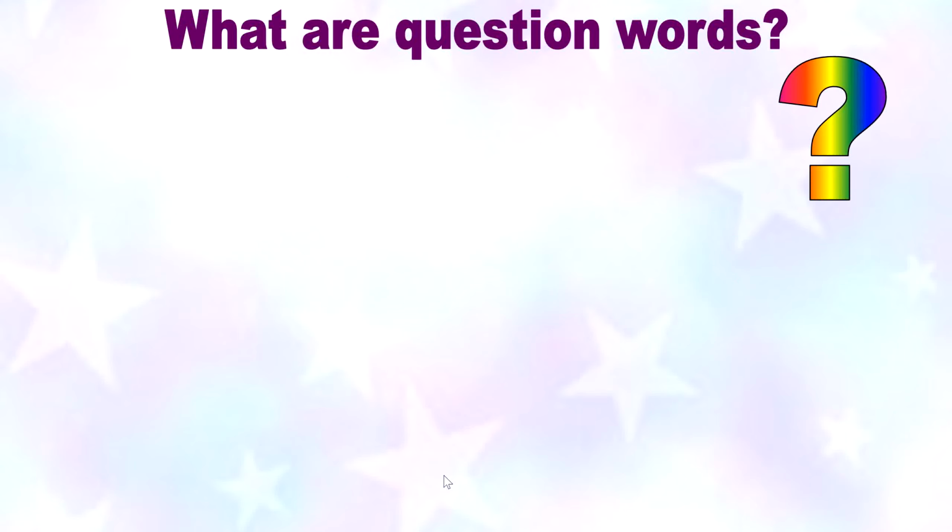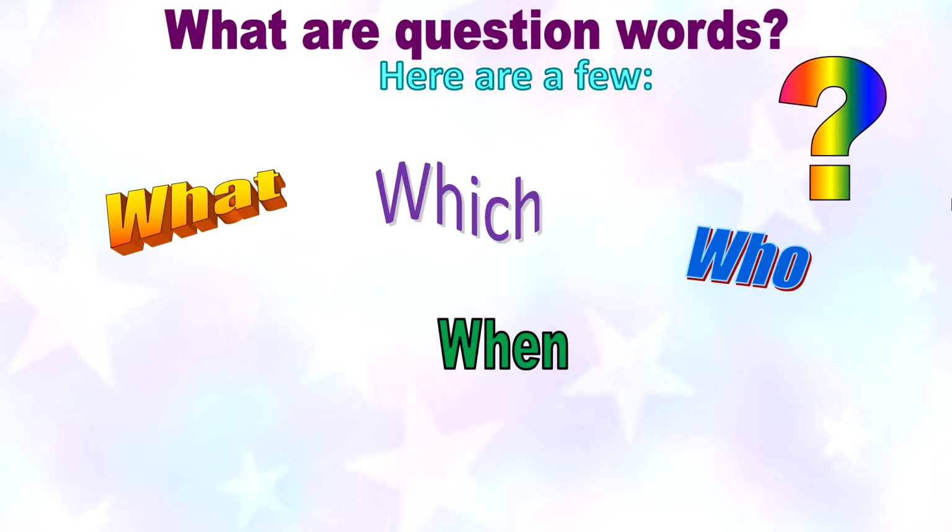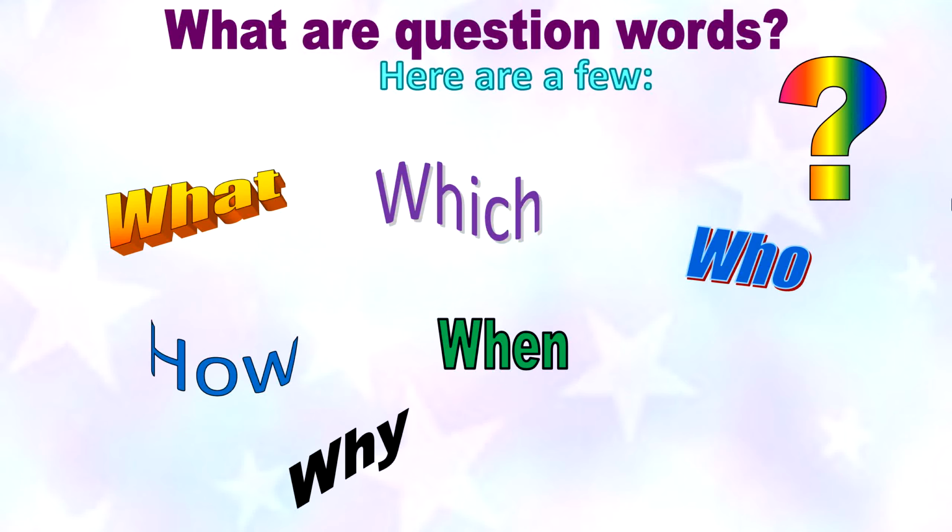What are question words? Now I'm going to remind you of the words that come at the beginning of a question and we call them question words. Repeat after me, please. What, which, who, when, how, why, where.